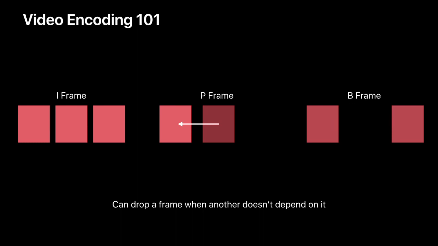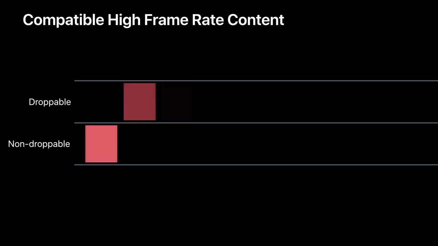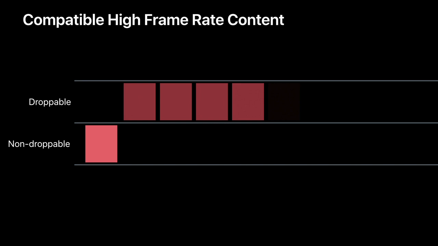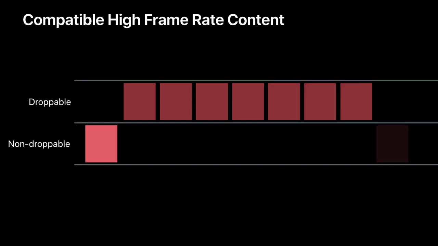Now let's move to a real-world case of encoding 240 frames per second content. This is a typical encoding scheme used when creating content compatible with low-end devices. For example, when encoding 240 frames a second content, we'll have 1 non-droppable frame for every 7 droppable. This gives us a lot of flexibility during playback. On devices that support 120 frames per second decode, we can handle that.